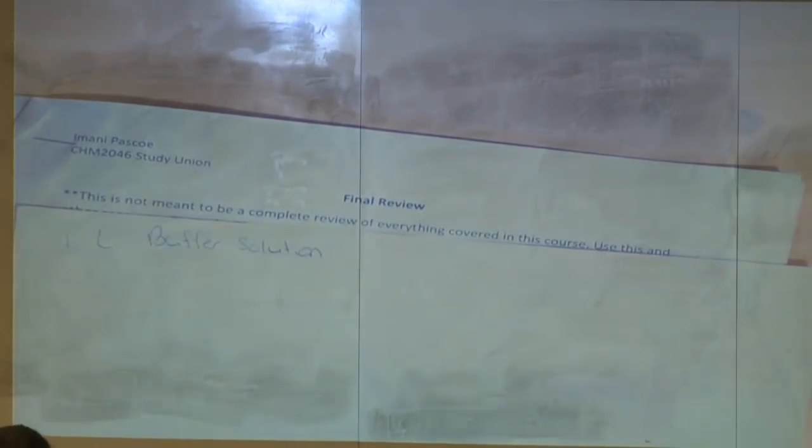So let's say, all right, this is going to be a 1 liter buffer solution. Thank you. All right, so we're going to say a 1 liter buffer solution. We're going to say the concentration is 0.2.